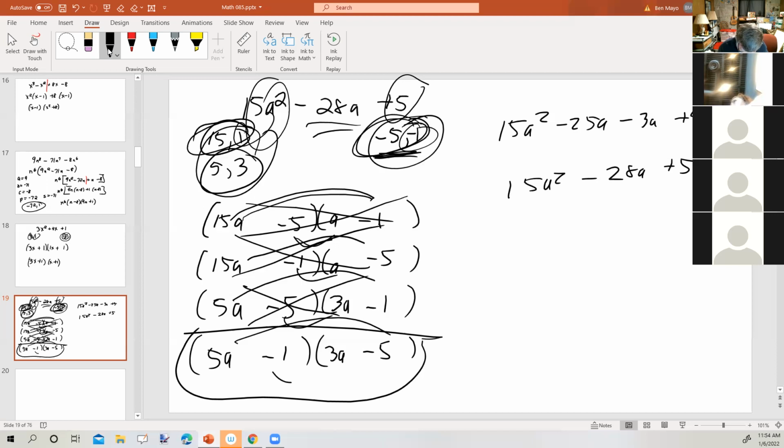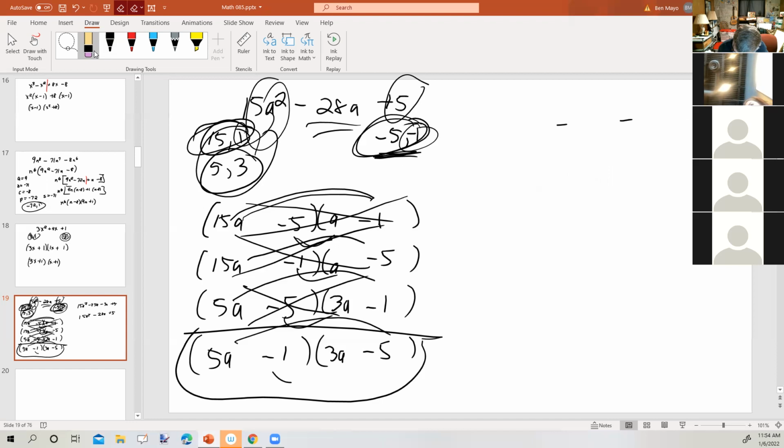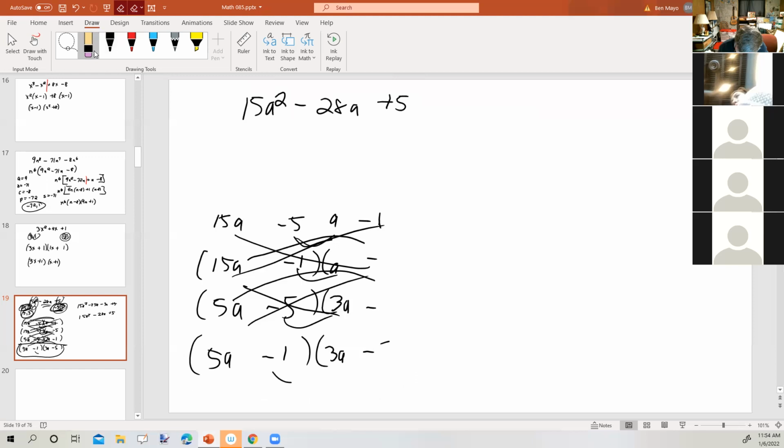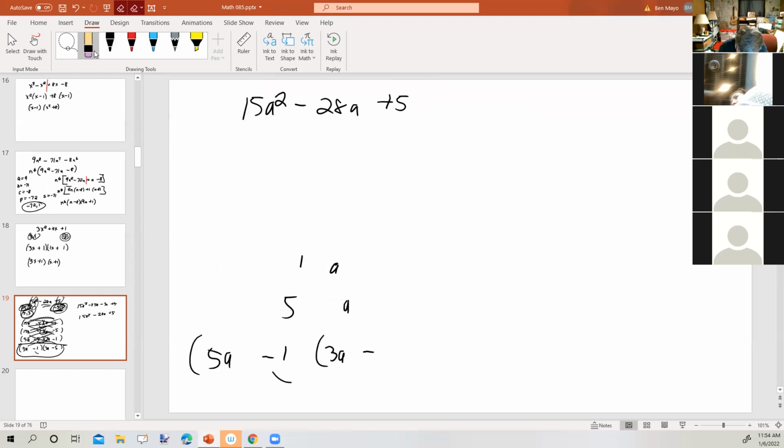Okay, let me see here. Let's erase all of this and start over. It might have been faster to just rewrite it on the next page, but I didn't feel like it.